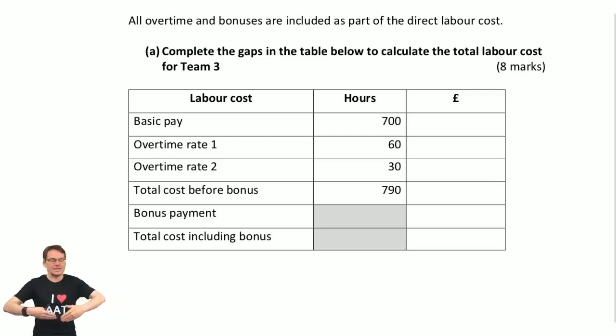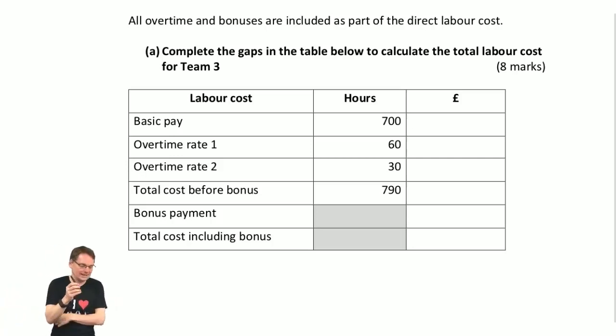This question simply says, how much will you pay them all together? Overtime rate 1, overtime rate 2. What it could say is, what's the extra little bit you pay them in rate 1? What's the extra little bit you pay them in rate 2? And we get a different answer for that. So just be careful as to what exactly it is asking you to do.